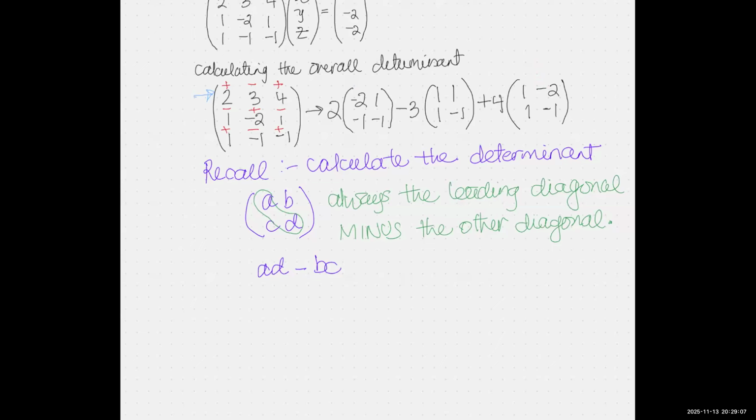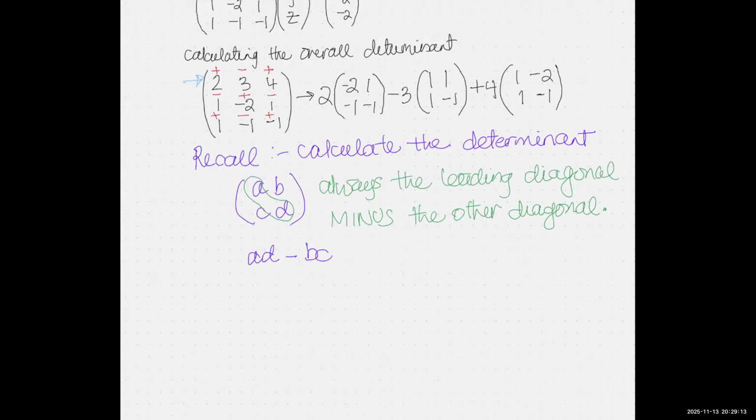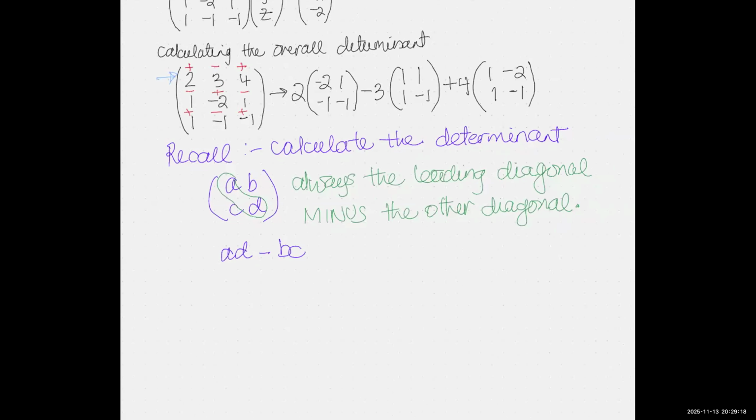All right, so this is what we have now. 2 times -2 times -1 minus 1 times -1.